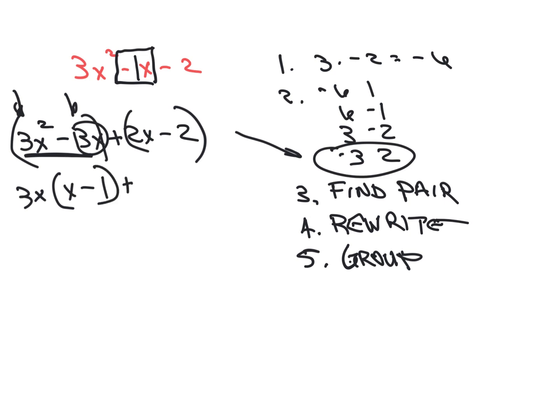We're going to do the same thing here. We're going to factor out a 2. And what do we have left? X minus, we took this 2 out, so we always have a 1. This will be the case. Whatever is in the grouping symbols will be the same. If they're not the same, you did something wrong. So that's a check there. All right, so that was step 6. Factor.